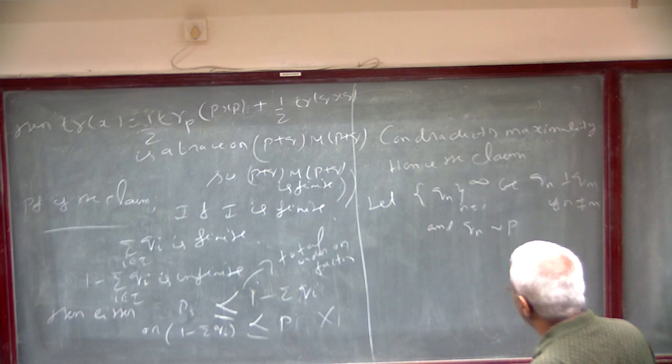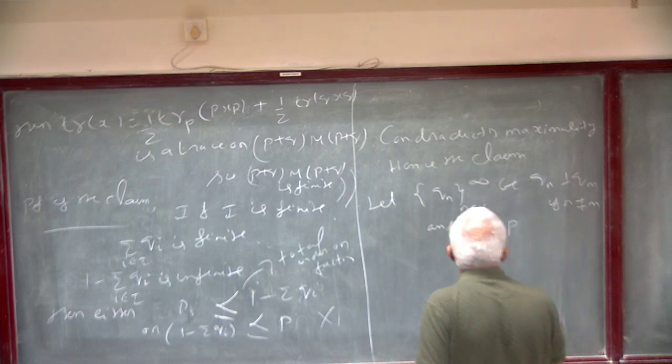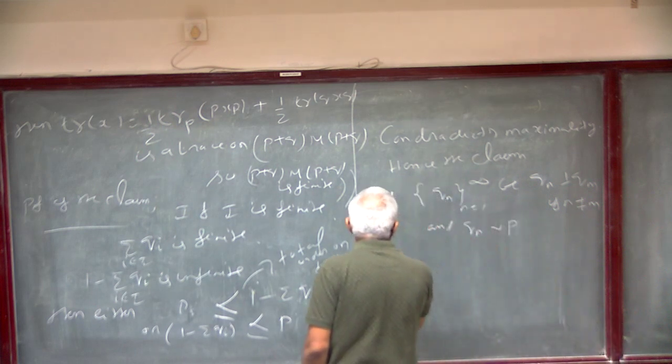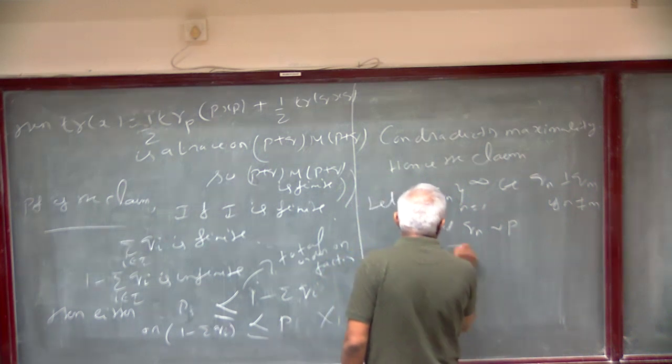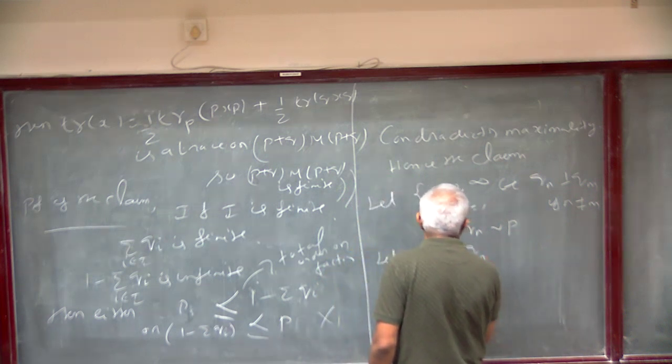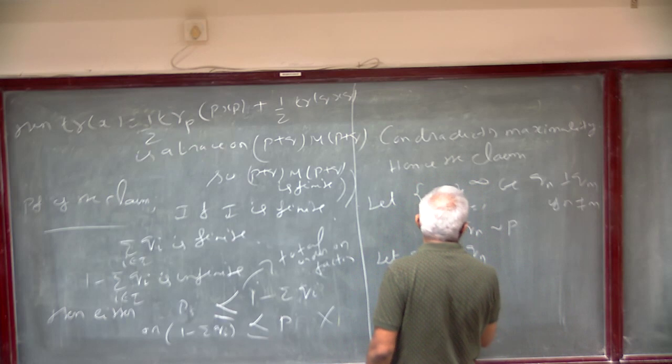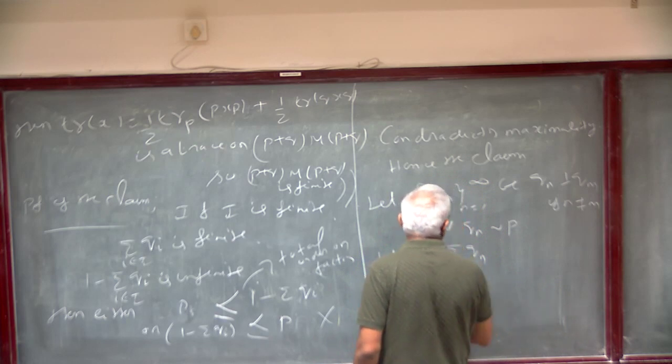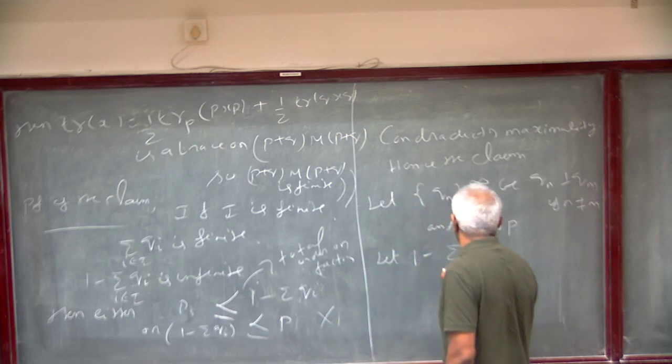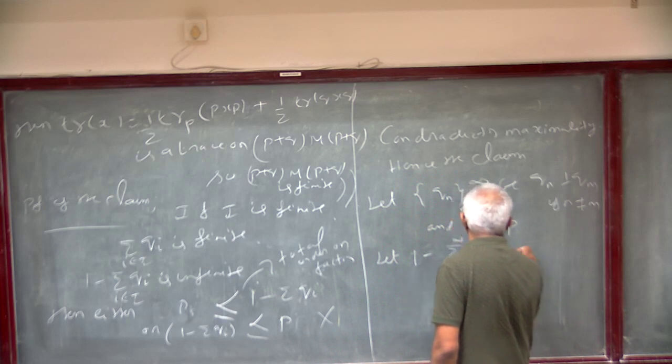Let Q equal to 1 minus summation Qn, n equal to 1 to infinity.